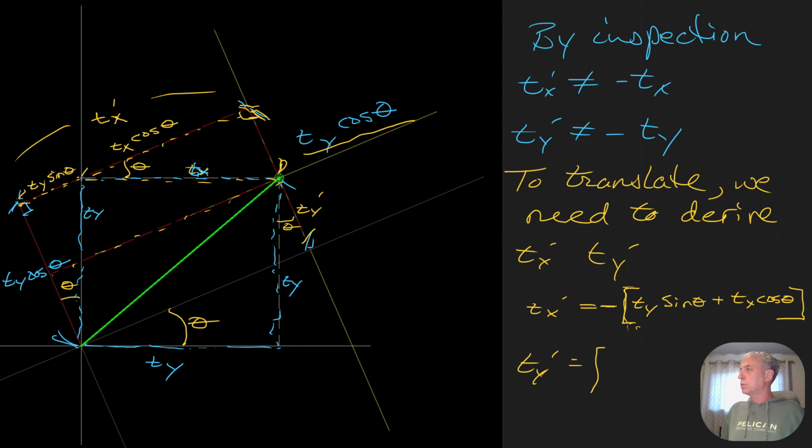So that equals, and again it's going to be the opposite, negative Ty cos theta minus this distance right here. Which, what is that? Oh, that's Tx sine theta, because I have my theta here and my hypotenuse of Tx, so Tx sine theta.